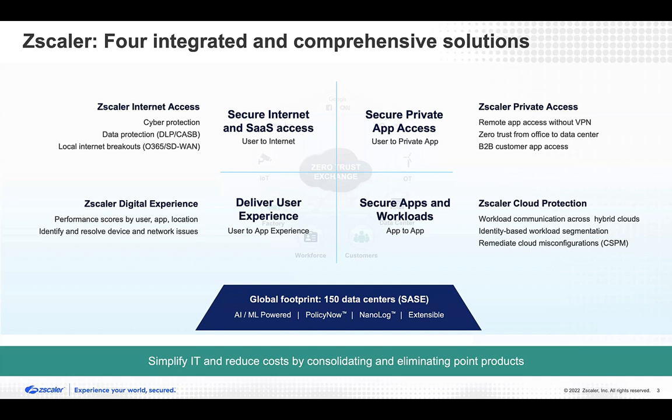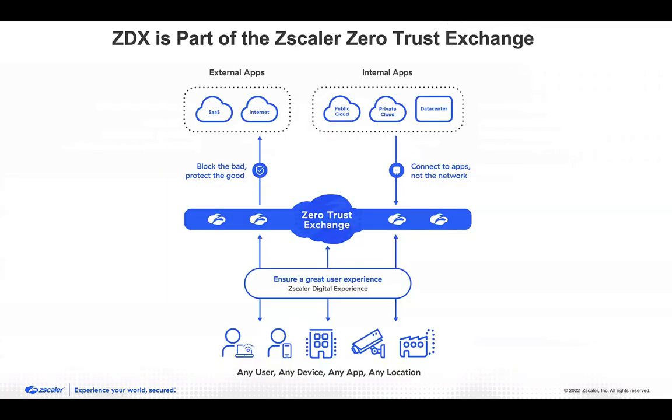Now, what this does is, we are in the business of securing your access to the internet. However, with ZDX, we are able to provide you performance and availability experience across your users, applications, and different locations, and then allow you to identify and resolve device and network issues. And we will see this as we move forward in the presentation.